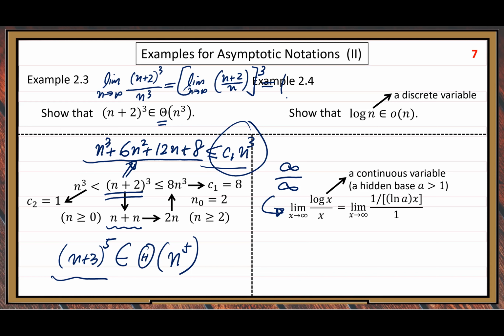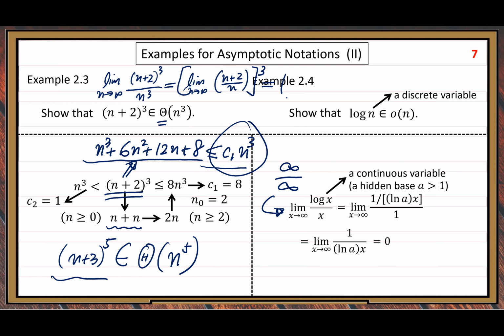After simplification, 1 over natural log of a times x. 1 over natural log of a is a constant. So when x goes to infinity, 1 over x goes to 0.